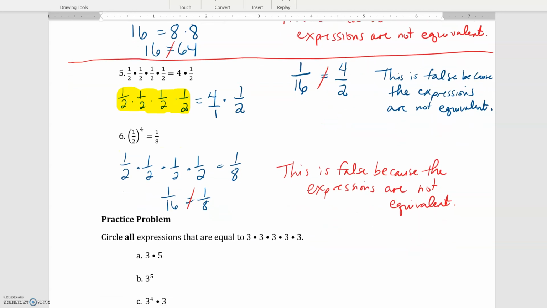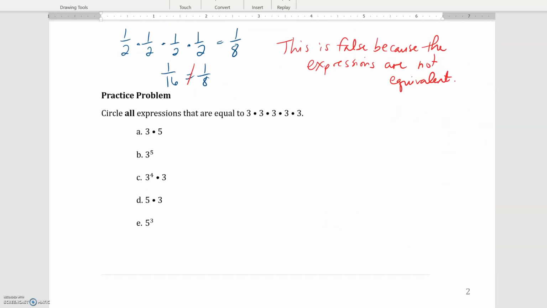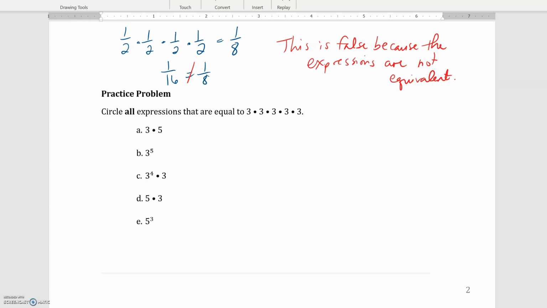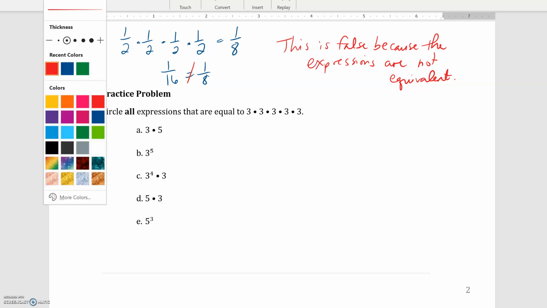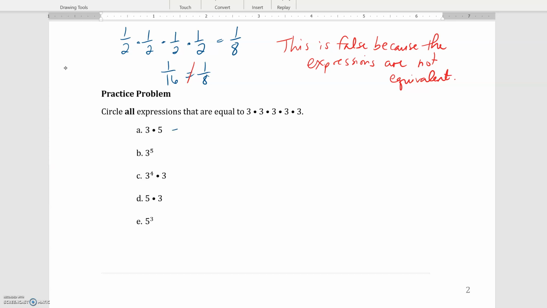We have one more problem for you to practice, and it's going to be a question where you have to circle every expression that is equal to 3 times 3 times 3 times 3 times 3. And again, to help you, I'm going to ask that you write all of these in multiplication form without the exponents. So A will look the same.